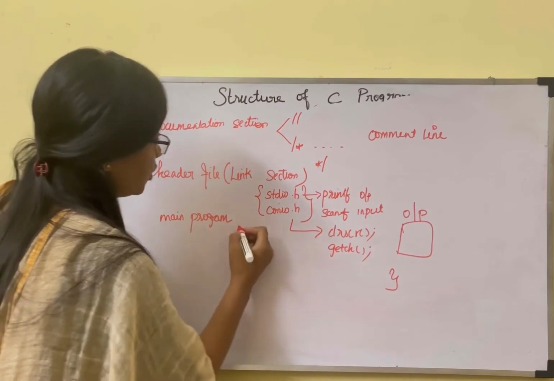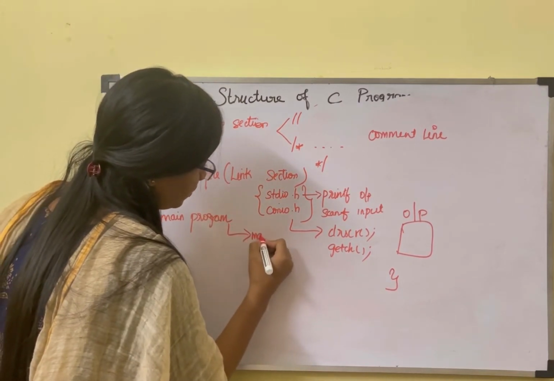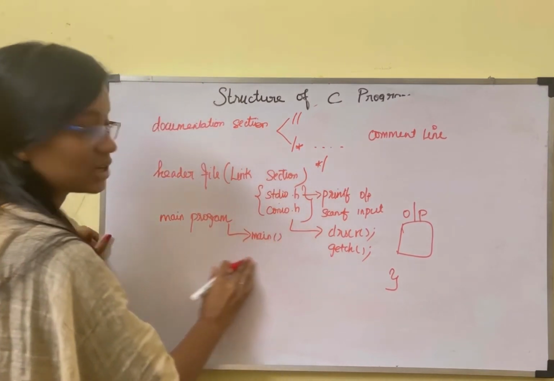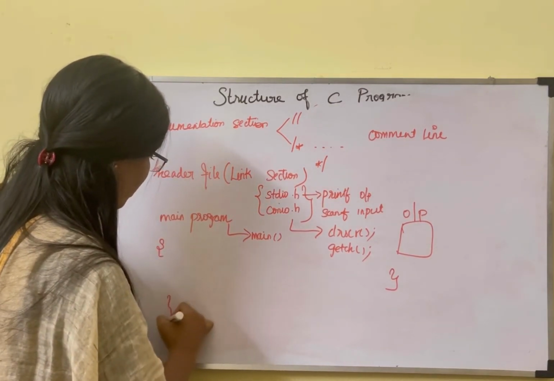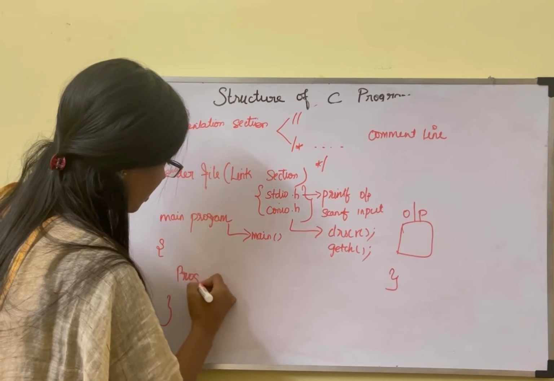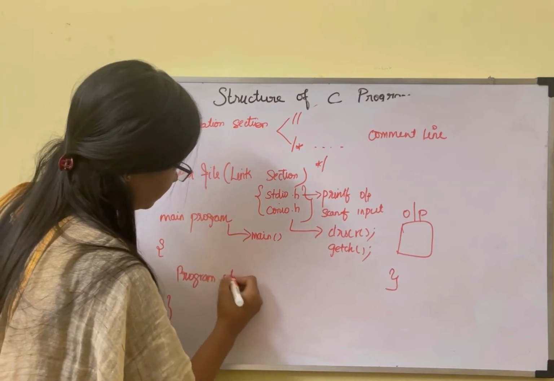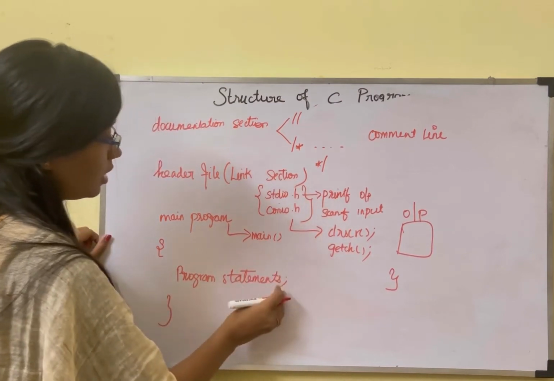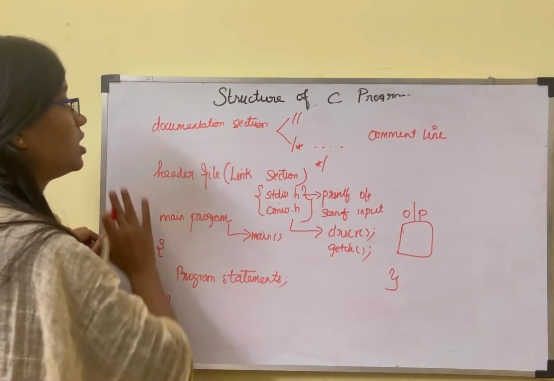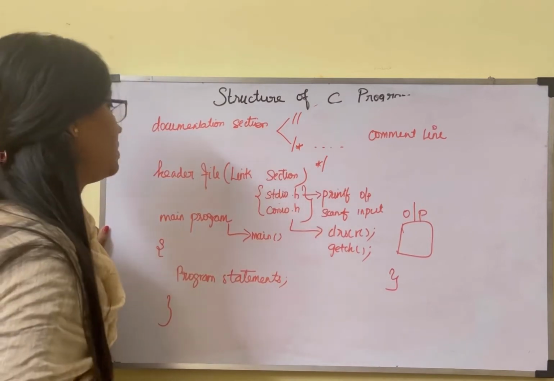To start the main program, we will give the main function command. This command we will give, and then is the body of the program where we will give program statements ended by semicolon. This is a normal structure of a C program.